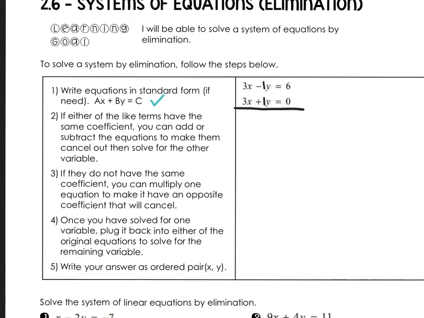So the easiest here would be to cancel the y's because they're already opposites. If I add this whole line, 3x plus 3x gives us 6x, -1 plus 1 gives us 0, so the y's cancel, and then 6 plus 0 equals 6.